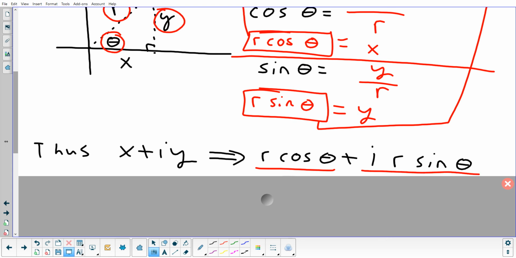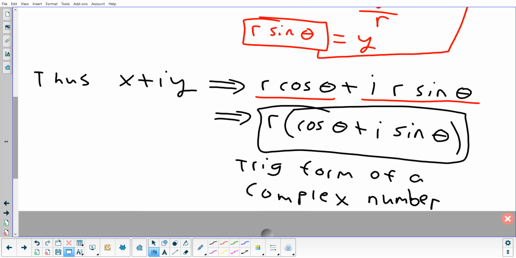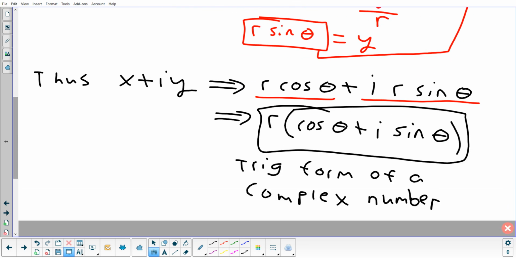What do both terms have in common as a factor? Yep, R. So when two things have the same factor in common, what can you do? Pull it out, factor it out. So if you factor the R out, you're left with r, and then in parentheses, cosine theta plus I sine theta. That is the trig form of a complex number.